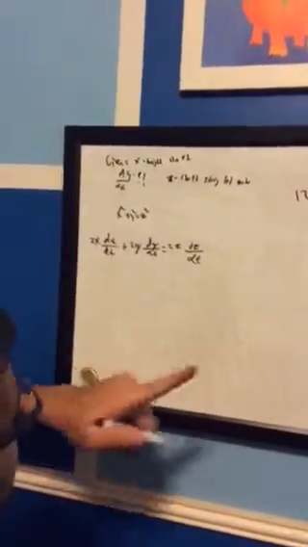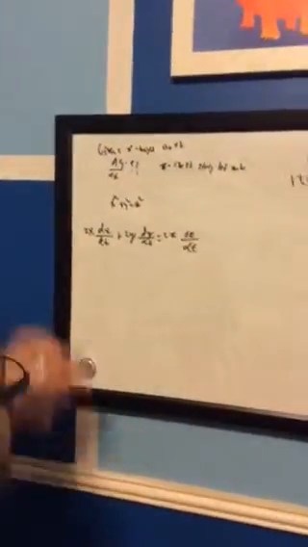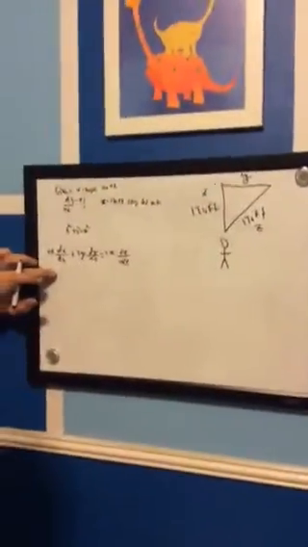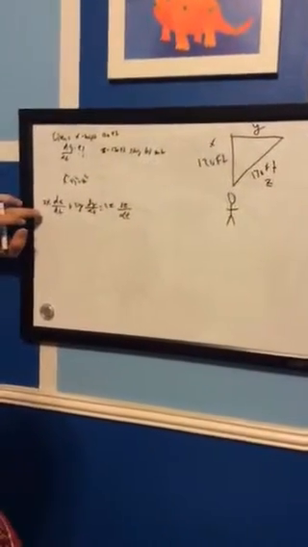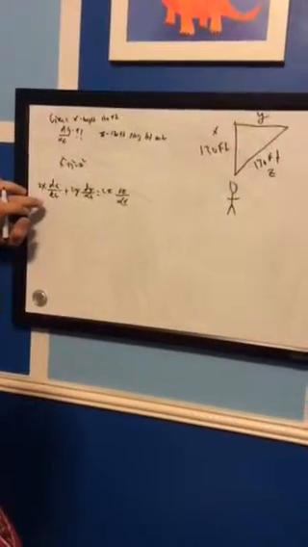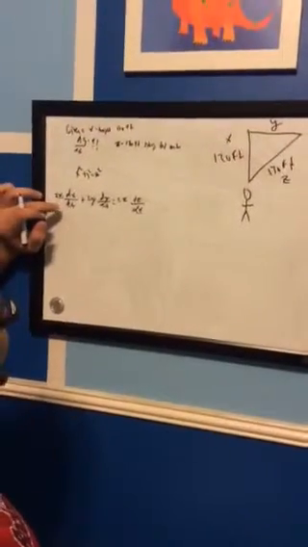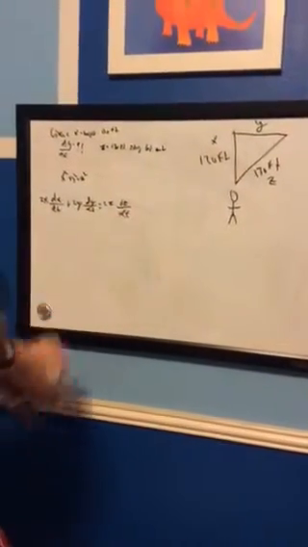Right. So first, let's see, what do we have given in this equation? We're solving for dy/dt. We're given x. We're not given dx/dt. We're given z, and we're given dz/dt.